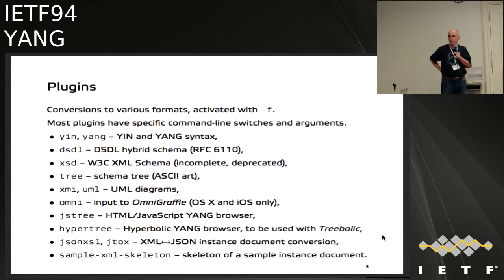Then there are some plugins for producing UML stuff. And there's another even more special plugin whose output can be used as input to a software called OmniGraffle. It's only for Mac and iPad users, but apparently it produces very nice pictures, so it might be interesting to know about that.